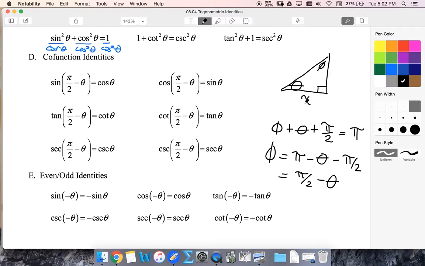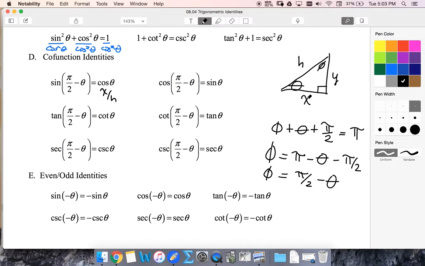If I have sides of x, y, and the hypotenuse h, then looking at this, I could say cosine of theta, according to my triangle here, is x over h. Sine of pi over 2 minus theta, well, pi over 2 minus theta is my phi.